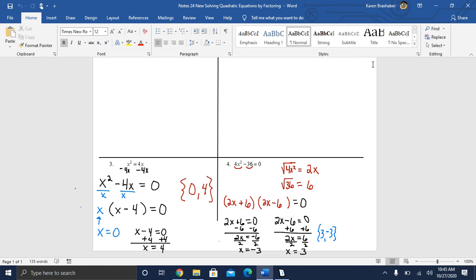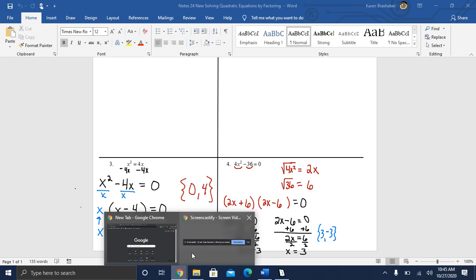You had splitting the middle for your first two different types of answers. One where it gave you one answer, one where it gave you two answers. Then you have for problem 3, dividing out a greatest common factor, and for problem 4, a difference of two squares. So those will be the types of factoring you'll see as you do your homework 24.